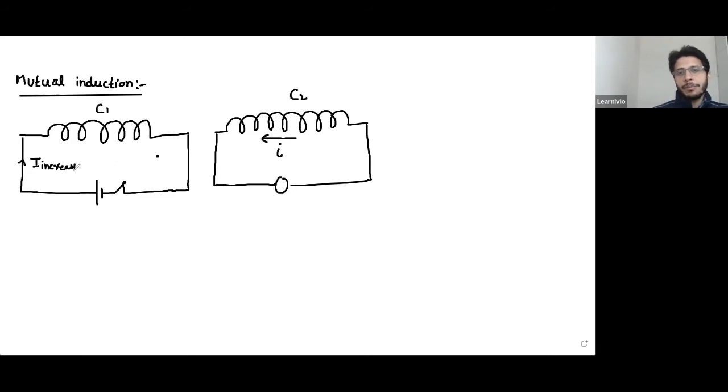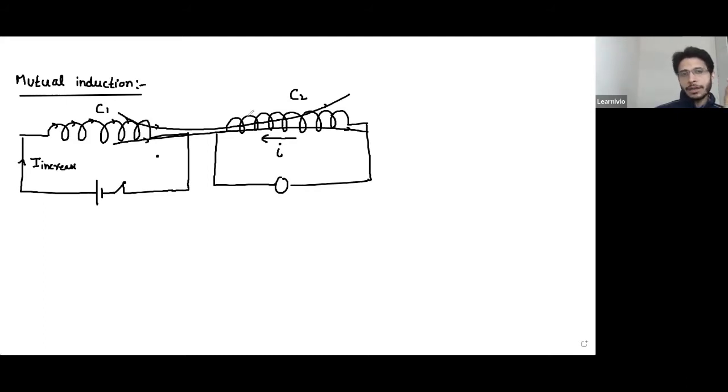So why does it happen? Why will a current increasing in one coil induce a current in the second coil? It's basically due to change in magnetic flux. If a current is passing through coil C1, then C1 will generate some magnetic field.